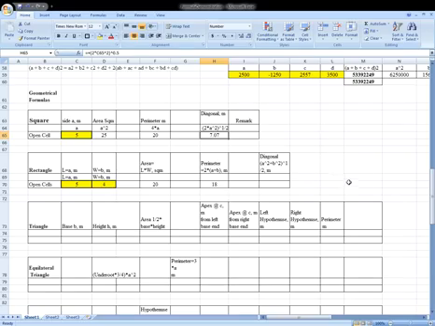See, now diagonal of rectangle, because there are 2 dimensions, A and B. So you say A square plus B square, sum of that, and under root. Its formula is written already there. What we do same. We say A square plus B square, bracket close.